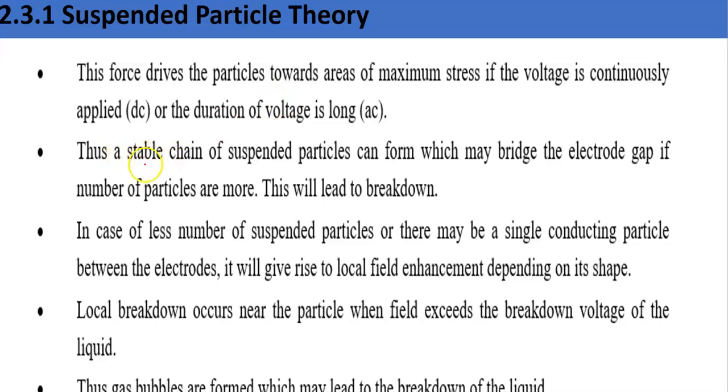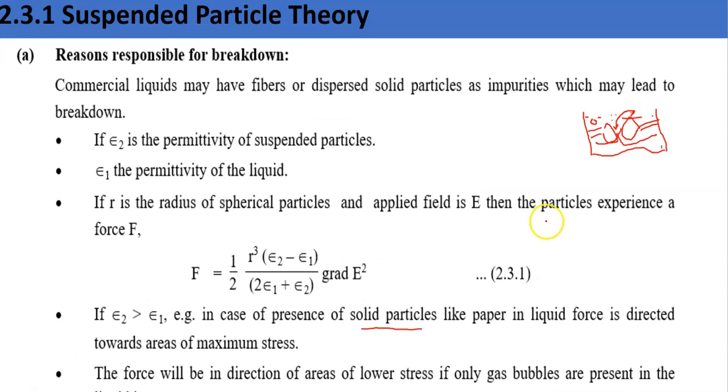Thus a stable chain will be formed, because one impurity has come here, then a second impurity has come. So after some time, what will the situation be in the test cell? Suppose these are the electrodes.